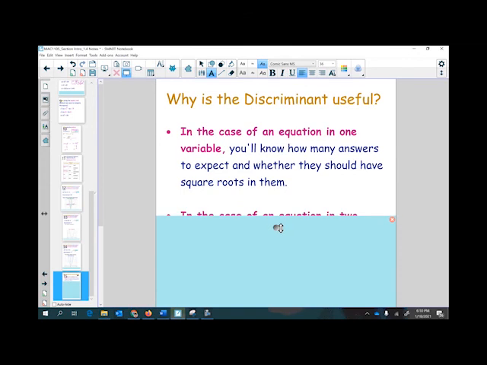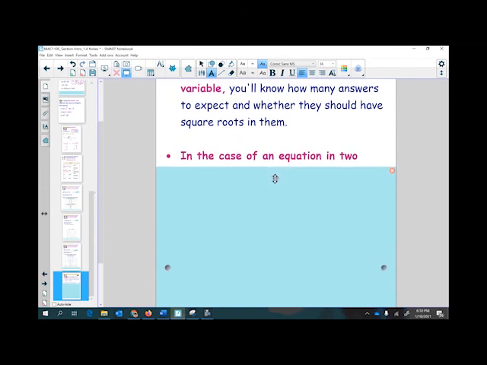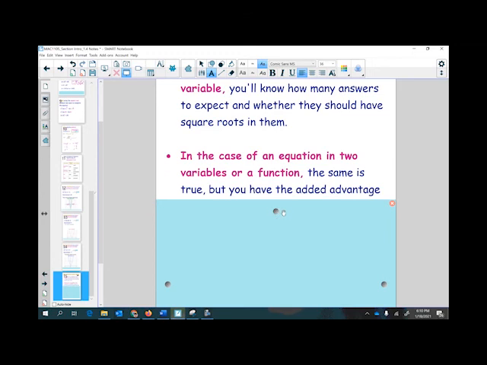How is it useful beyond that? Well, later on, when you start dealing with equations in two variables and start graphing things, or a function, the same is still true. You can still figure out how many answers you should have when you're looking for zeros of the function. When you set the y value equal to 0, or the function value equal to 0, and then solve for x, you're finding the zeros of the function.